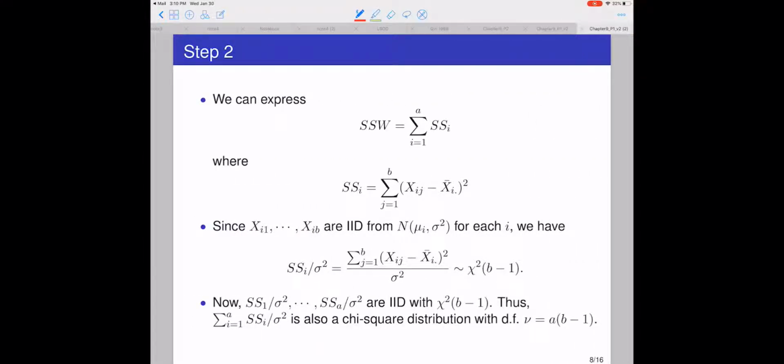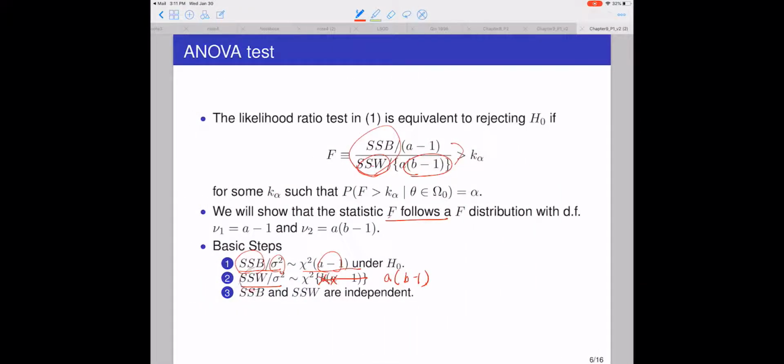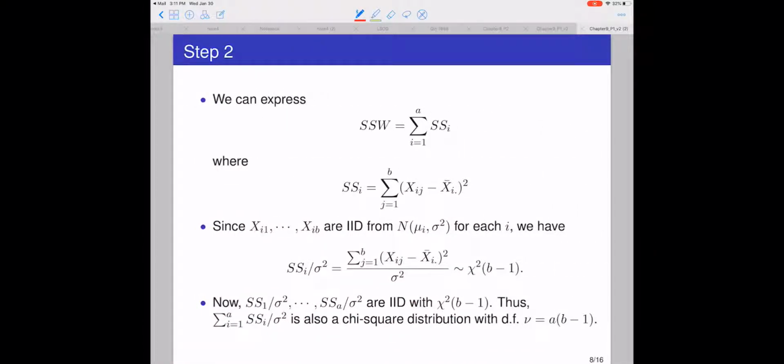Now step 2, to show the SS within. We can write it as, for each group I, a sum of squares, and then we add over I from 1 to A. To understand this, first note that x1 to xiB are IID from normal mu I, sigma square.